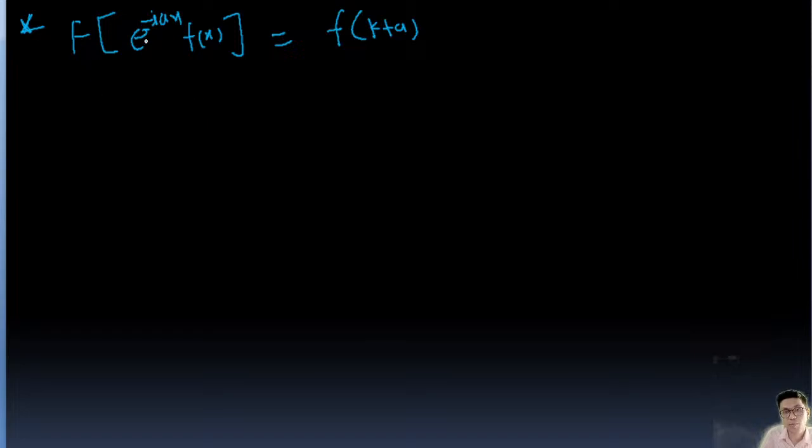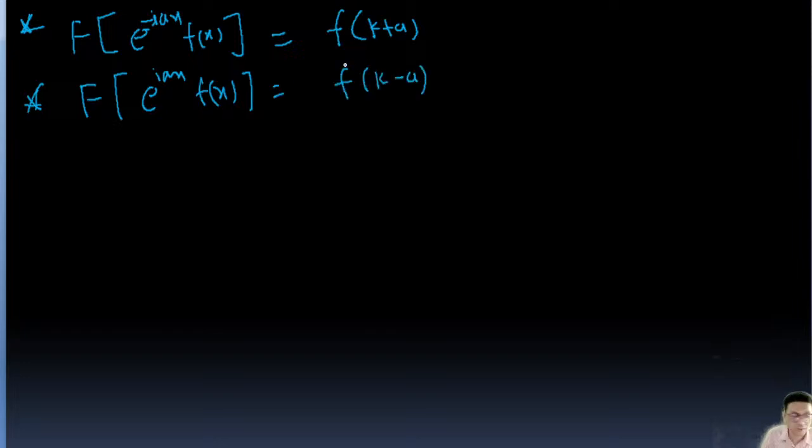So the Fourier transform of e to the power iota ax into f(x) is going to be F(k plus a), a function of k plus a. Similarly, the next property is the Fourier transform of e to the power minus iota ax into f(x), which is going to be F(k minus a).